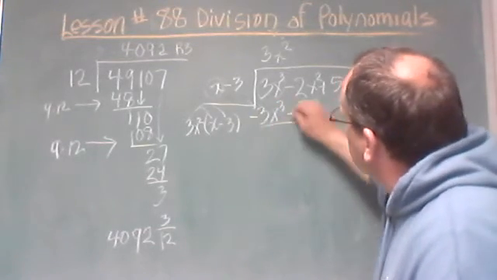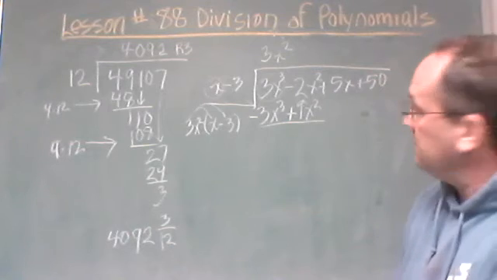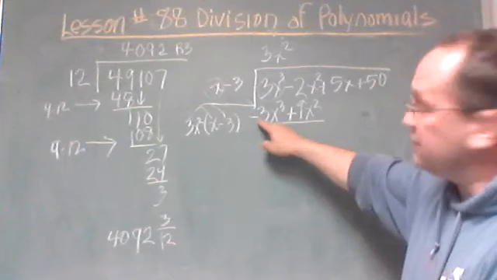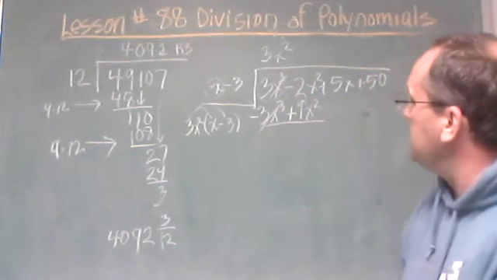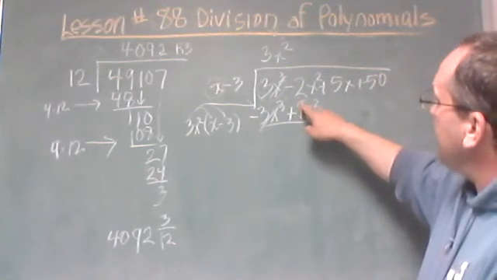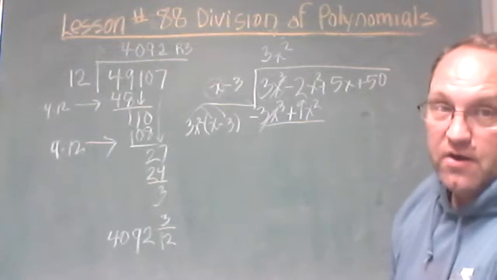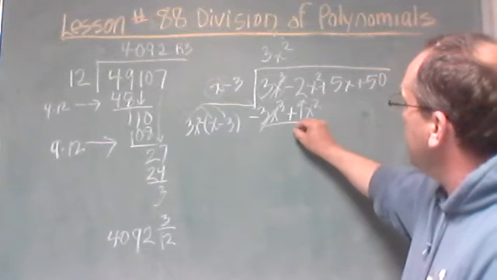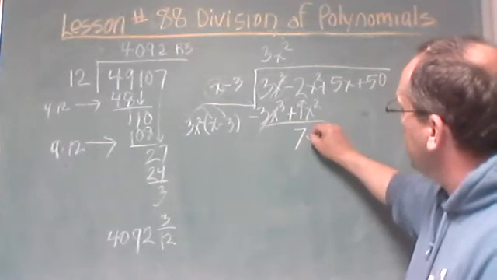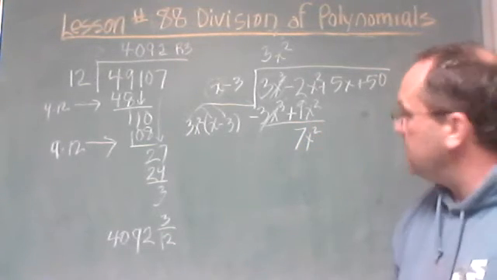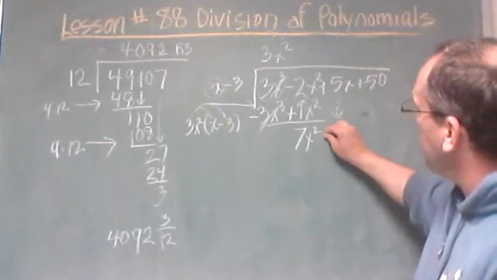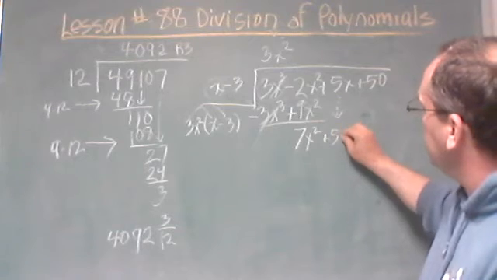I change the signs and I add. 3x to the third plus a minus 3x to the third, they cancel out. Then I have a minus 2x squared added to a positive 9x squared gives me a positive 7x squared. I drop down my next term, plus 5x.